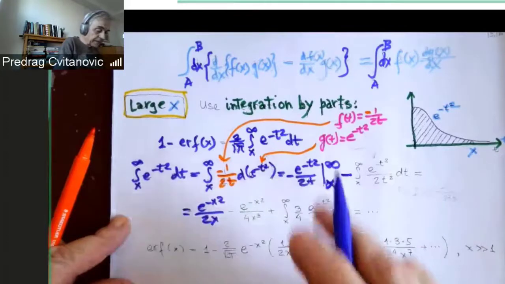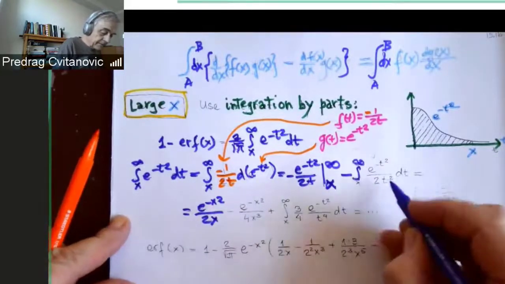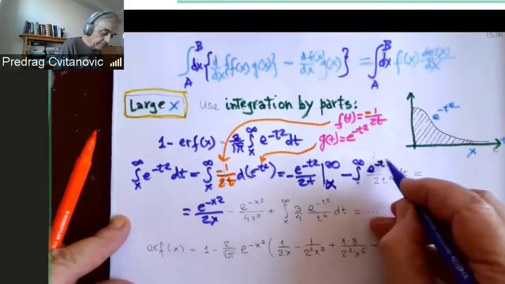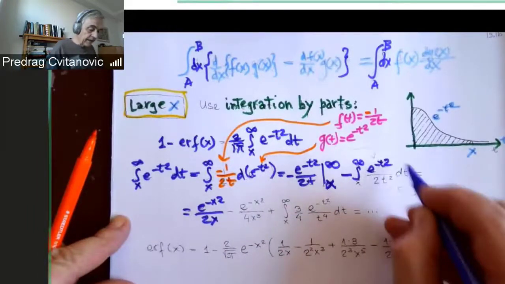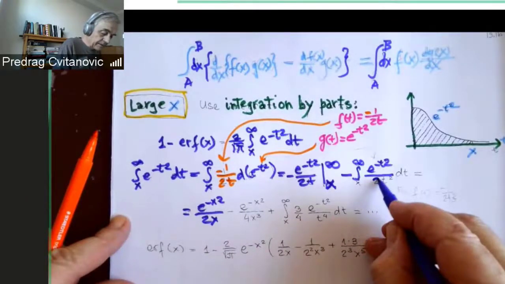And then I have to subtract this guy, which now is 2t squared dt.